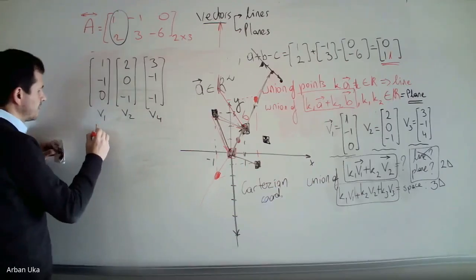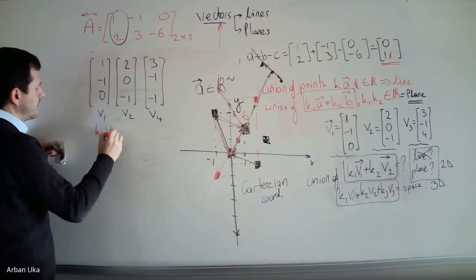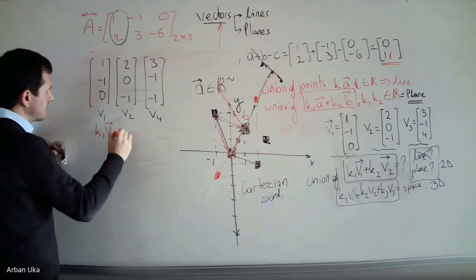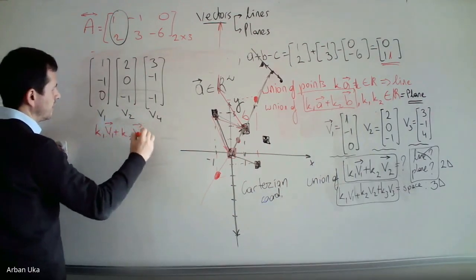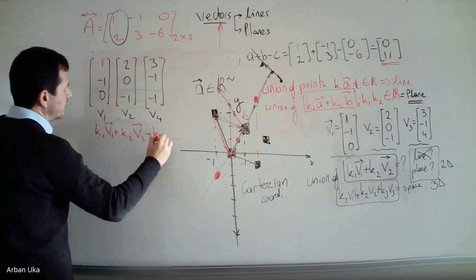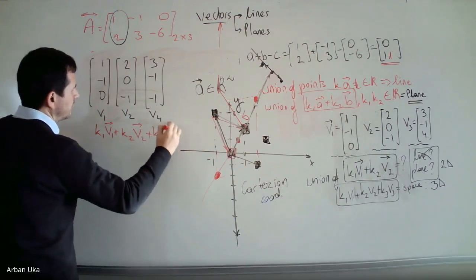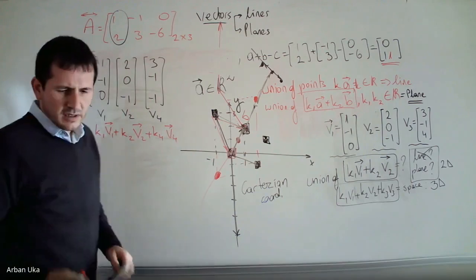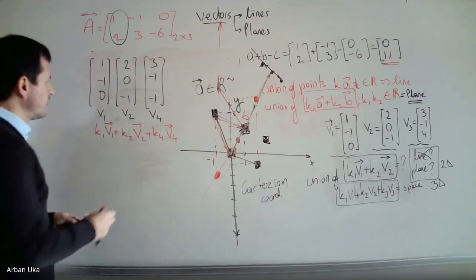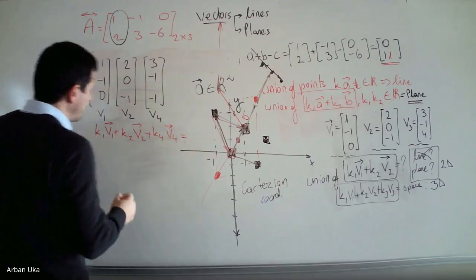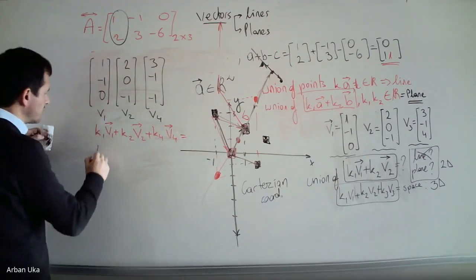Yeah, so this is space too. Okay, but let's have a closer look. This is K1 V1 plus K2 V2 plus K4 V4. This can be the definition of where to find some points.